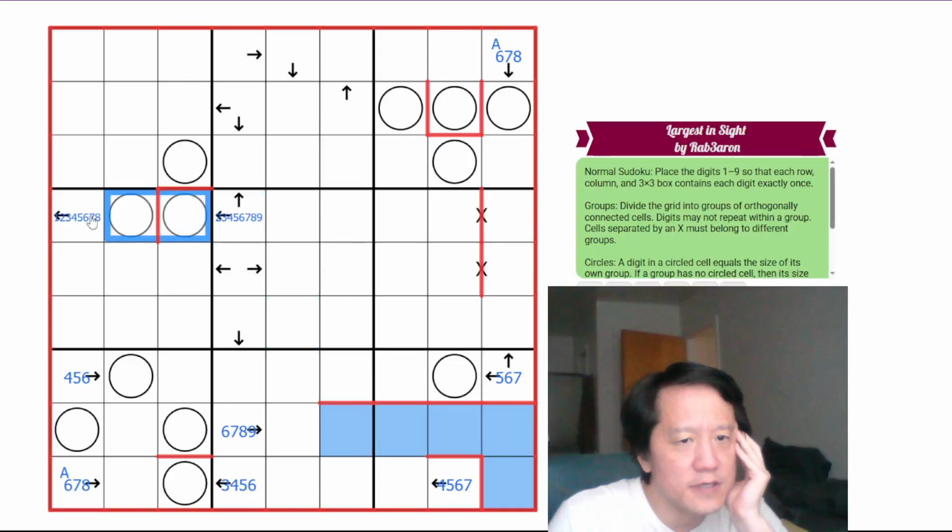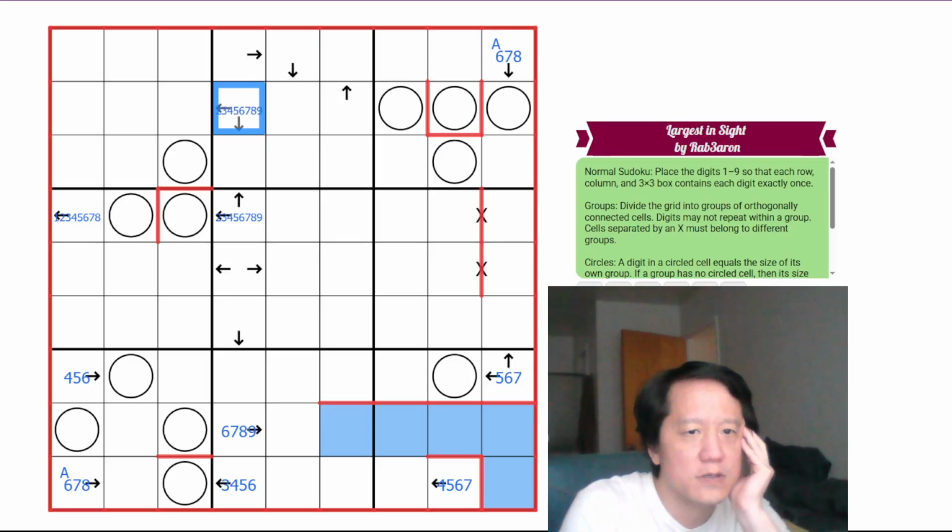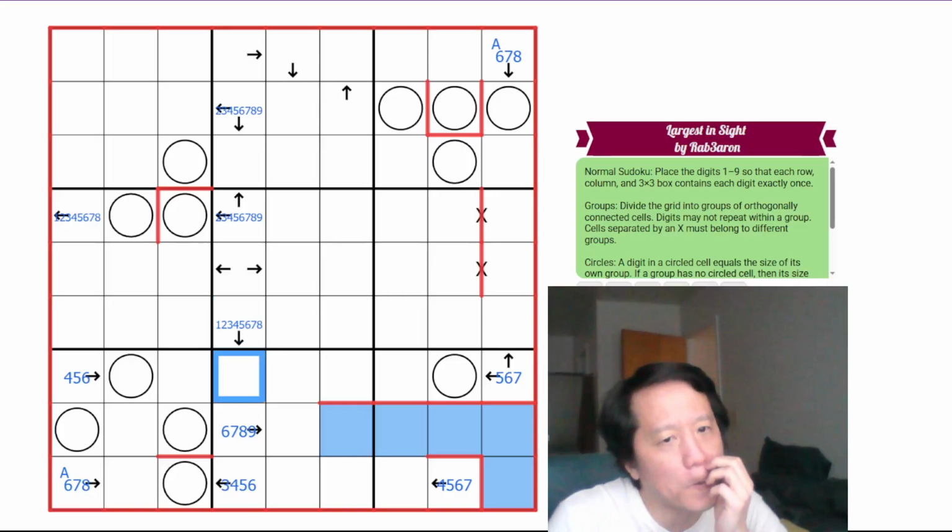This sees either here or here, so that's not helpful. This one must be larger than that, because it can't be the same digit, and this one sees the same as this arrow. So this has to be larger. And this is 1 through 8 there. It can't be 1, though.